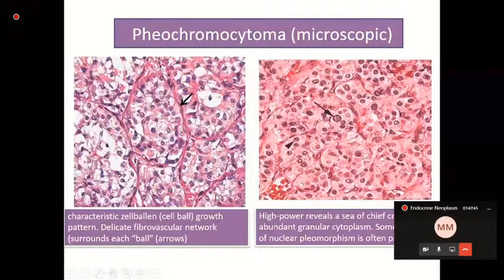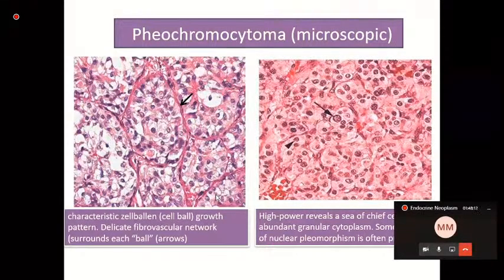Yeah, because I remember I did one case. Then the clinician called me. They wanted to know is it malignant or benign. I told them you have to tell me whether it is malignant or not, because both pheochromocytoma, the malignant and benign, look similar in histology.